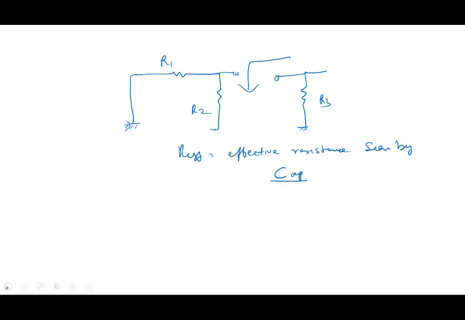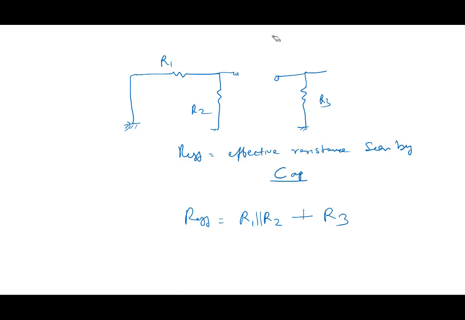Now we can see clearly that R1 is in parallel with R2 and there is R3, so the effective resistance is R1 parallel R2, plus R3, right? In some cases it's very obvious when you look at it.